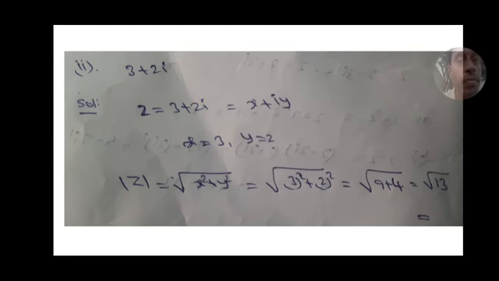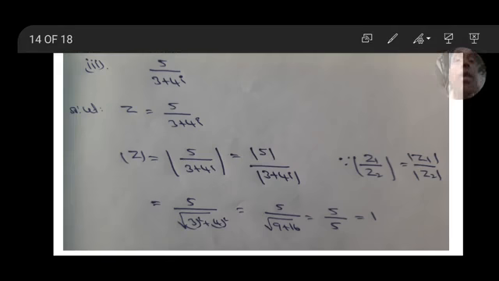Okay. Next, the third one, modulus of 5 by 3 plus 4i. Here it is in two parts, not in the form of x plus iy. So we have to convert it into x plus iy form, or a plus ib form. It is a lengthy process, so we will use the formula: modulus of z1 by z2 equals mod z1 by mod z2.